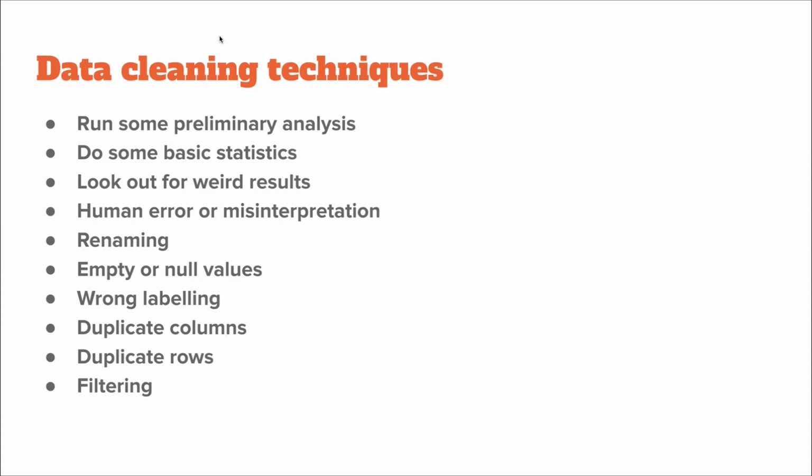If you are working alone and there's an error, go back to your analysis and check how you did things and see if they were consistent. Try to avoid, or rather minimize, human error. Just be more careful and try not to misinterpret.